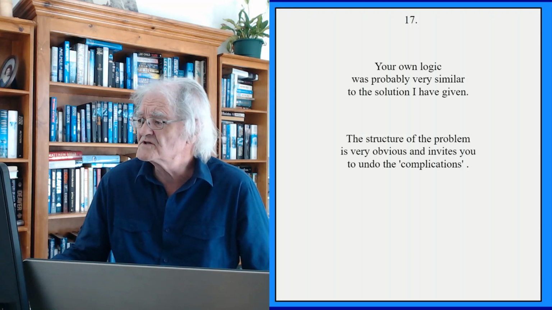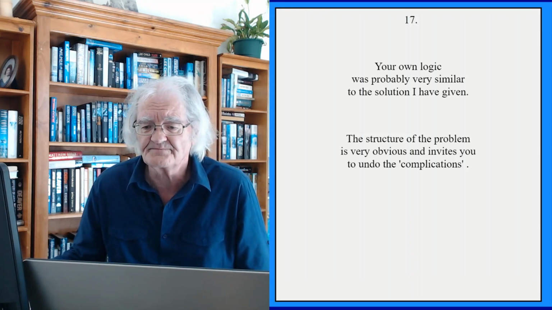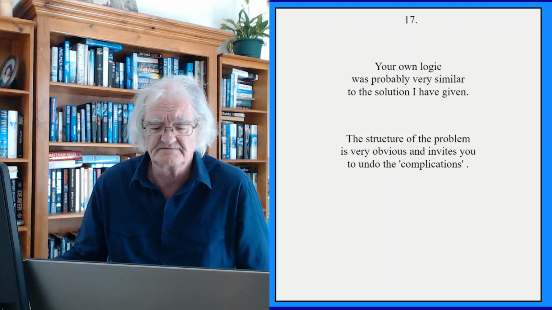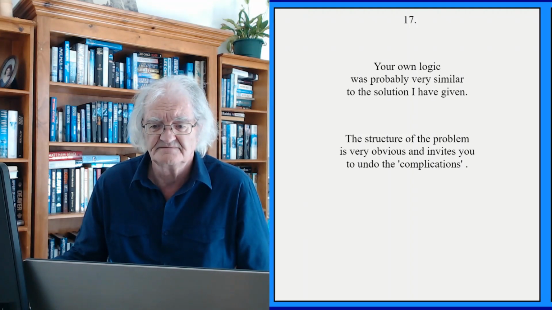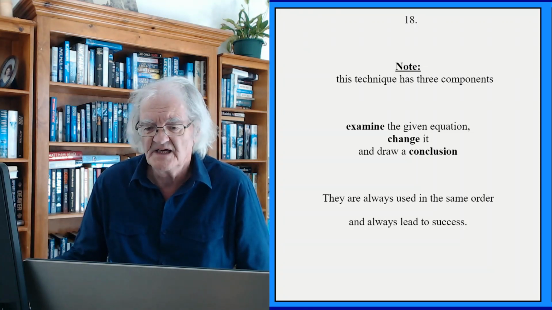Now, your own logic was probably very similar to the solution I gave you. The structure of the problem is very obvious, and it invites you to undo the complications. So note that the technique has 3 components. Examine the given equation, change it, and draw a conclusion.